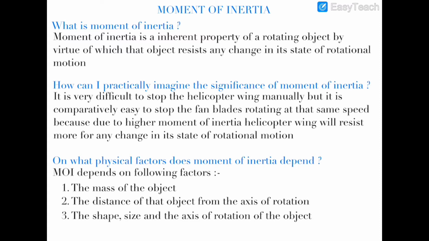So a huge amount of force would be required to stop that helicopter wing, as compared to the force required to stop normal fan blades rotating with the same speed.